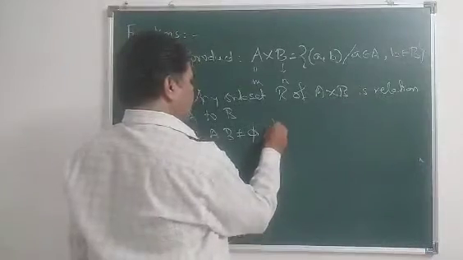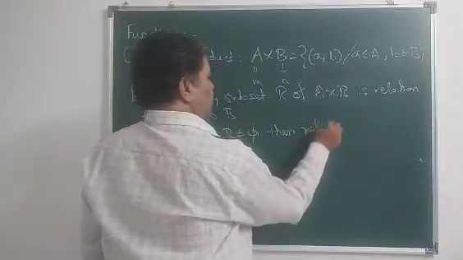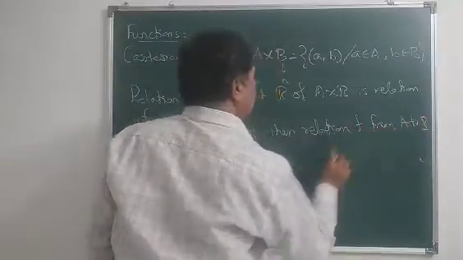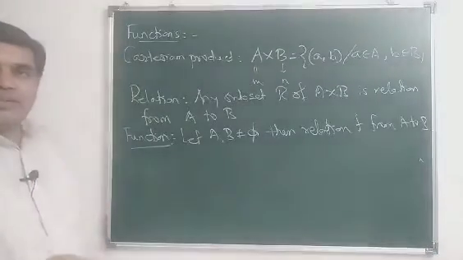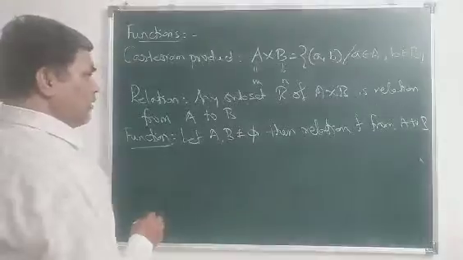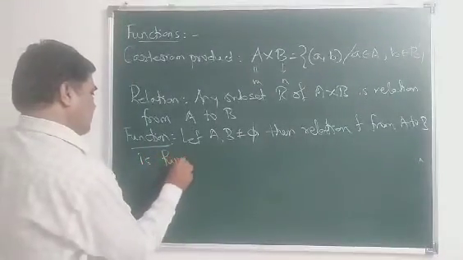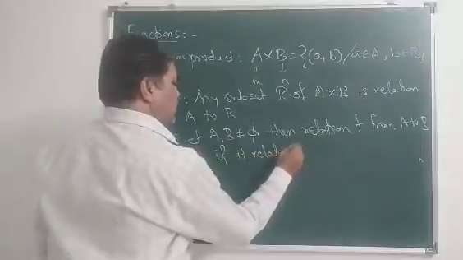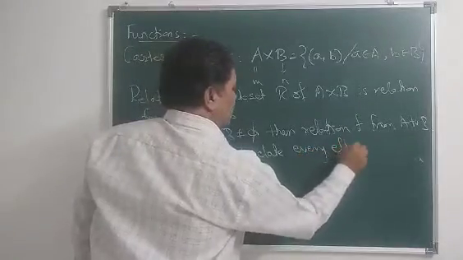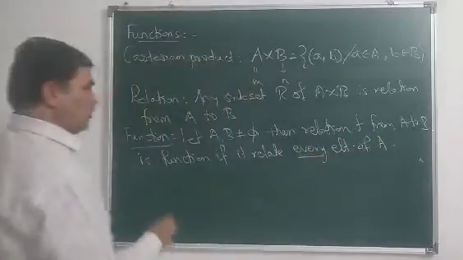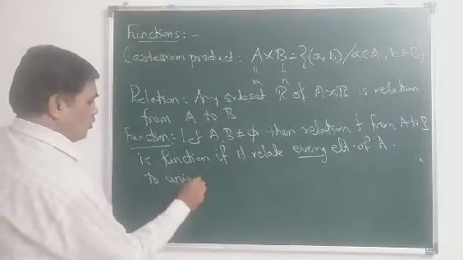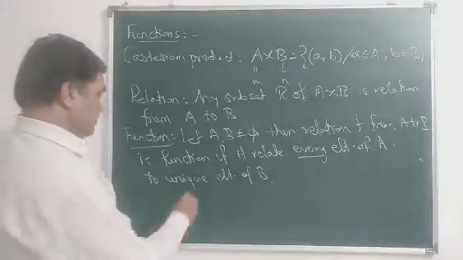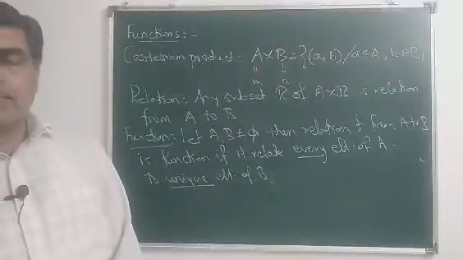Then a relation F from A to B, instead of R, I am using F, the first letter of function, means F is a subset of A cross B. F from A to B is a function if it relates every element of A to a unique element of B. That type of relation is known as a function.